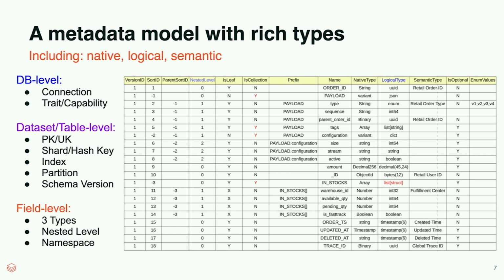Iceberg v2 only supported timestamp with a microsecond. You cannot have timestamp with second, you cannot have a timestamp with millisecond, and you cannot have timestamp with nanosecond, right? Then you just see something called timestamp, but you don't have that precision with it. That makes your data conversion very, very difficult.